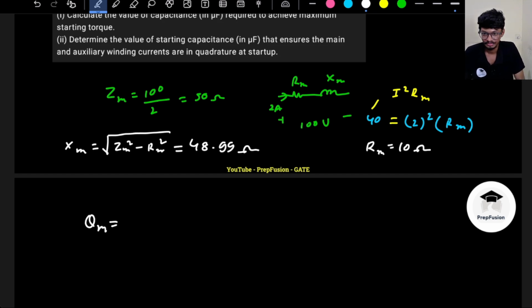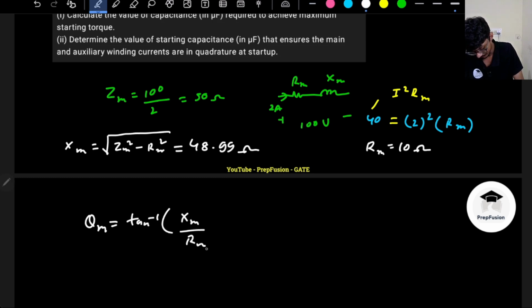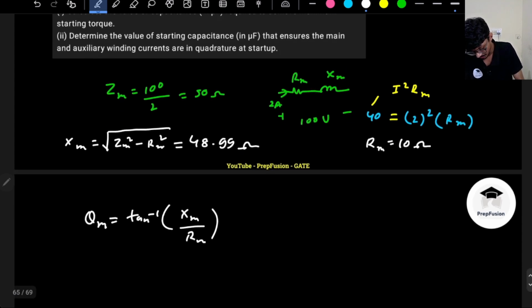So theta m will be basically tan inverse of Xm by Rm, that is 48.99 divided by 10, tan inverse. So theta m comes out to be 78.46.